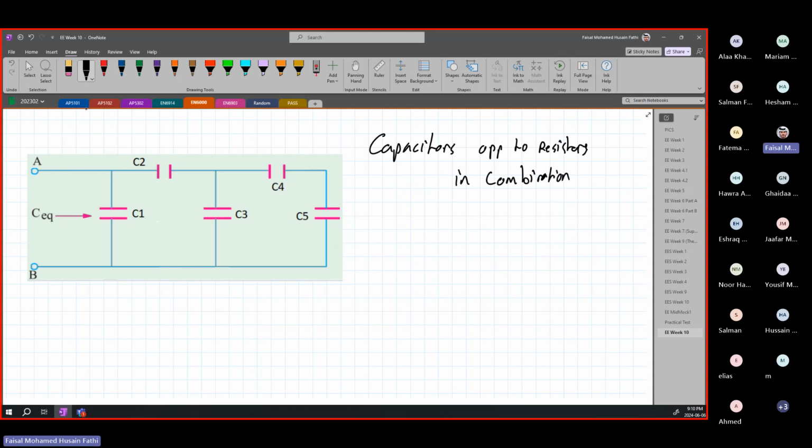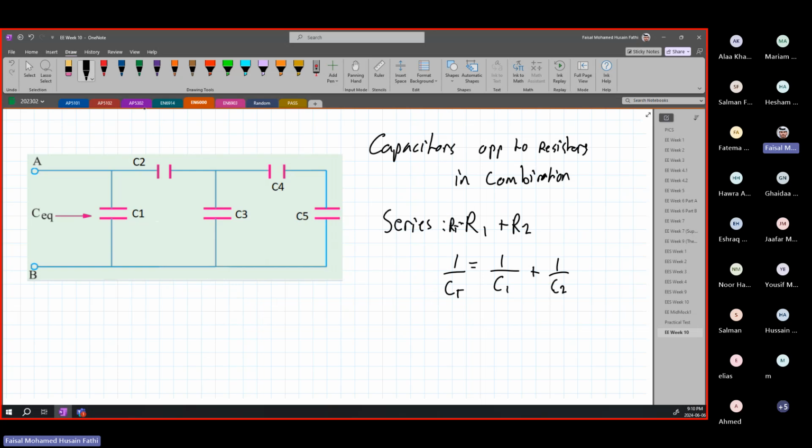What does this mean? Let's start with series. In series, for resistors it is R1 plus R2, right? R total is equal to R1 plus R2. For capacitors, the total or equivalent capacitance is 1 over C1 plus 1 over C2.